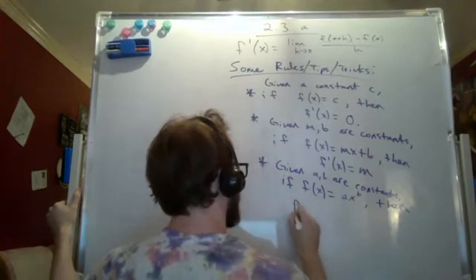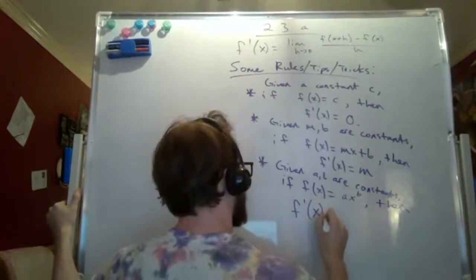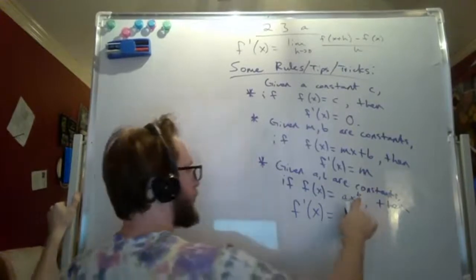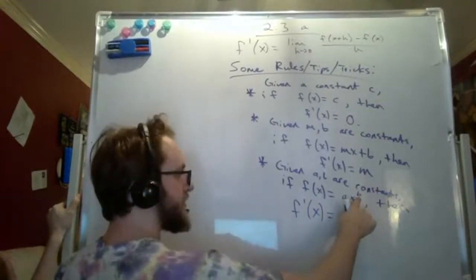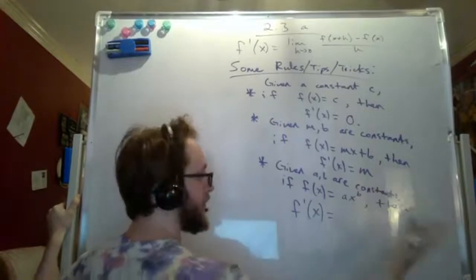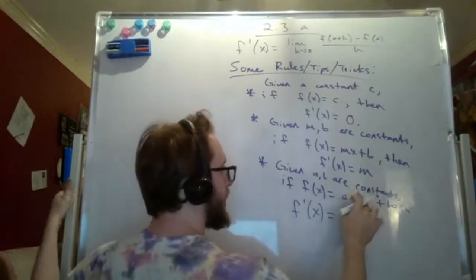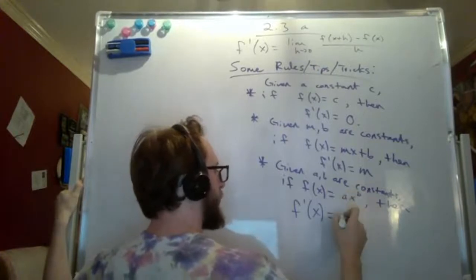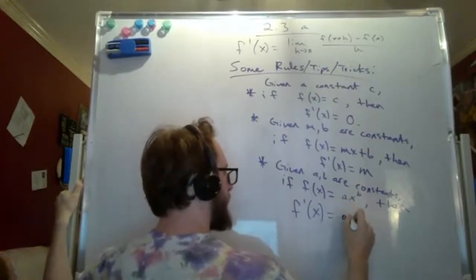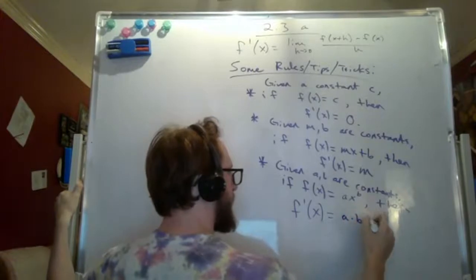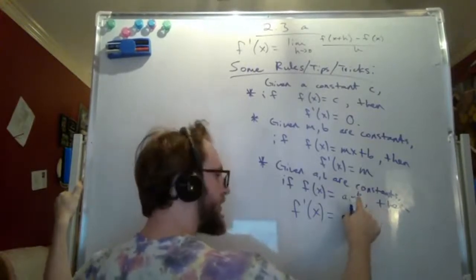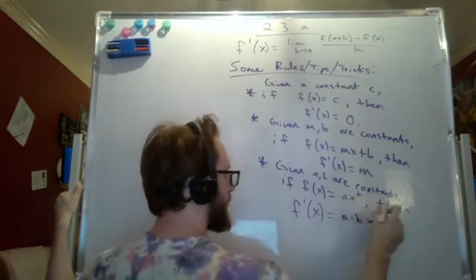then the derivative f prime of x is equal to, now this is called the power rule, because when we have x to some power, and it could be any real number b, then in order to take the derivative of this, the b comes down, and so we have a times b times x, and then the power decreases by 1 since we brought 1 down here.